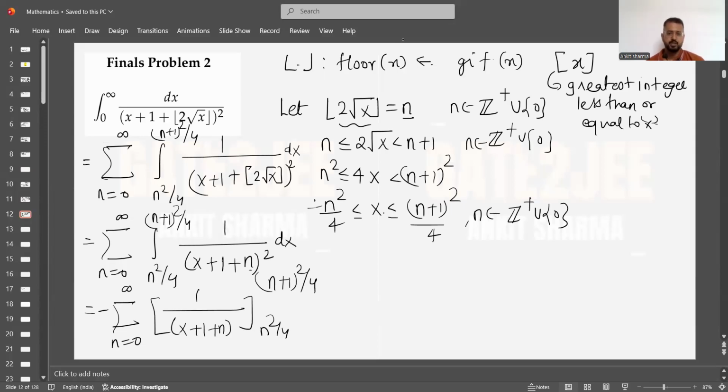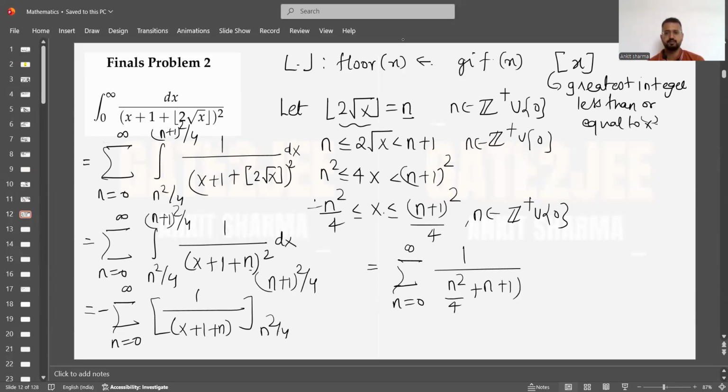And now the actual game begins. We'll plug in n plus 1 squared over 4, then n squared over 4. Since outside we have a minus, I'll plug in the lower limit first.